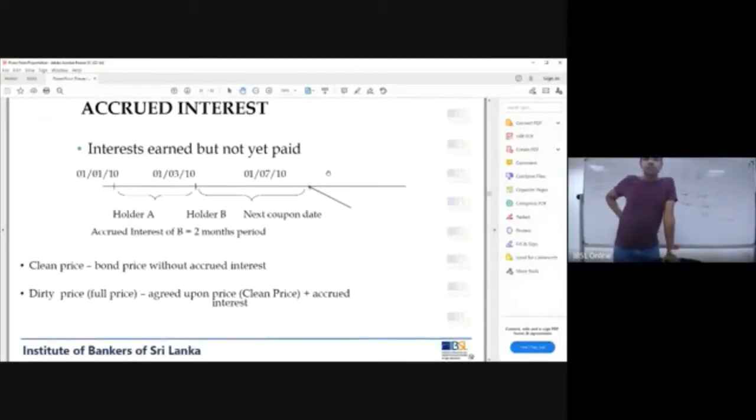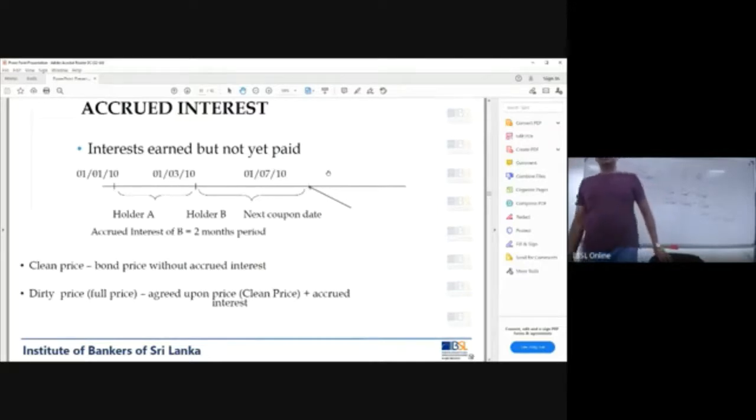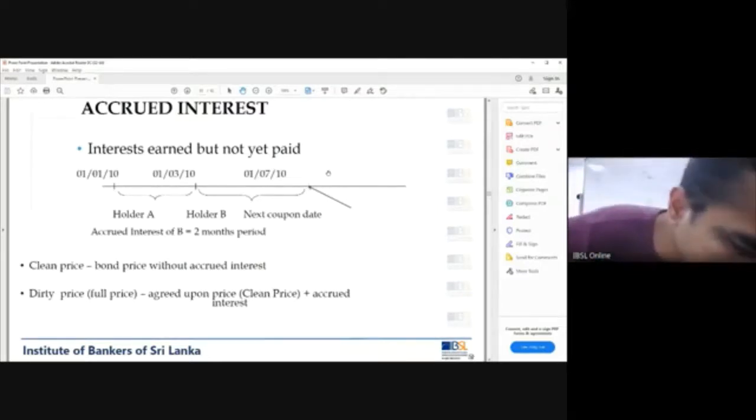Now, if you look at this example, A has bought a bond on 1st January 2010, and A sold it to B on 1st March 2010. Right, so A had owned it for the first 2 months. Then B has bought it on 1st March, and the next coupon date is the 1st of July.